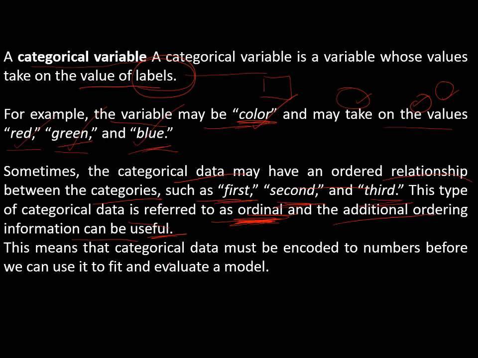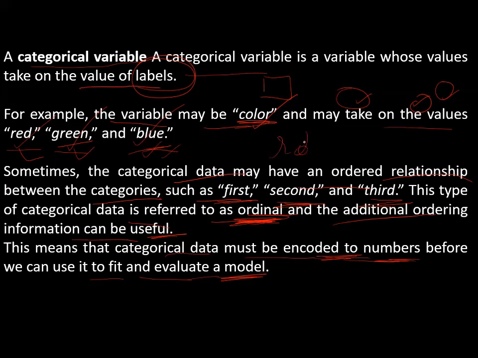This means that the categorical data must be encoded to numbers before we can use it to fit and evaluate a model. When building a model, they should be numbered.